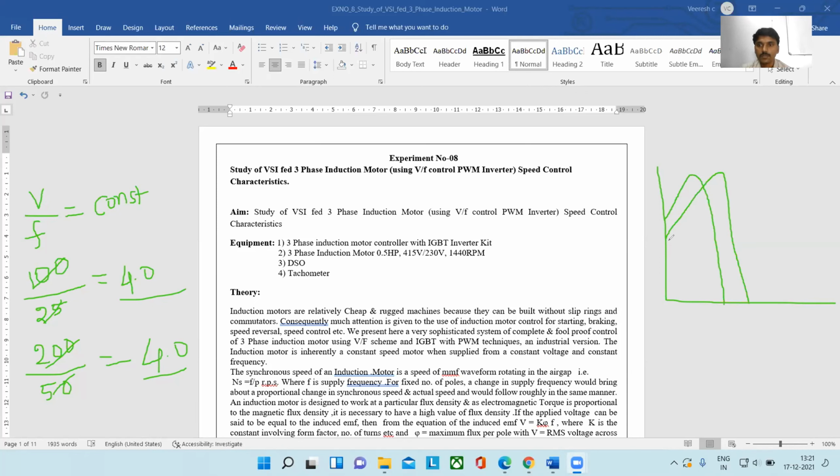So whatever you are changing the values, the torque we are getting is constant, like this.